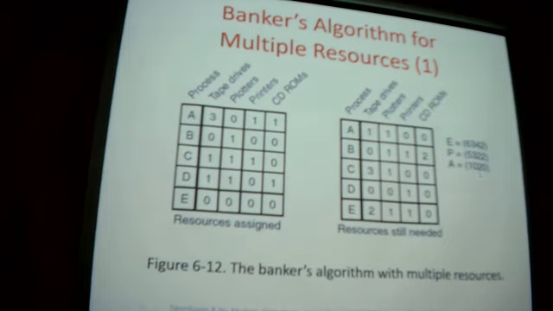And this table is the still needed resources for each process. For example, process A got these resources, but it requires these resources. So this is the resources still needed. This is how it is.